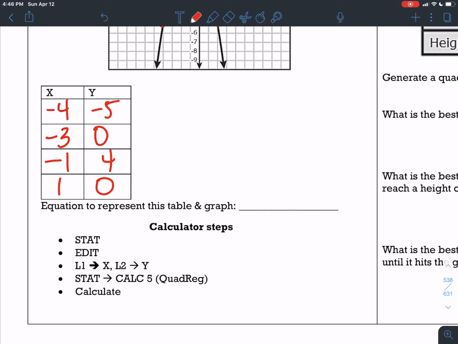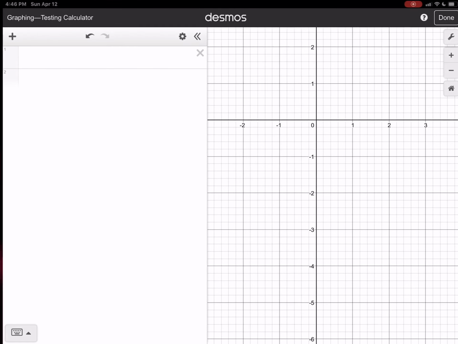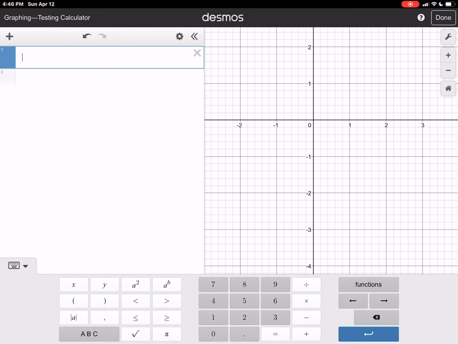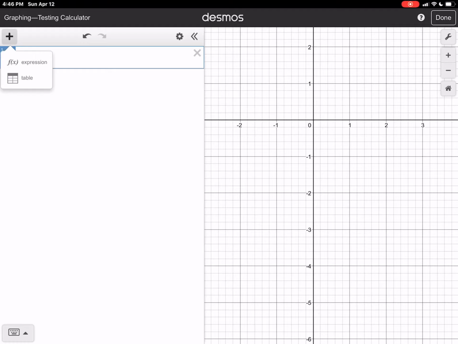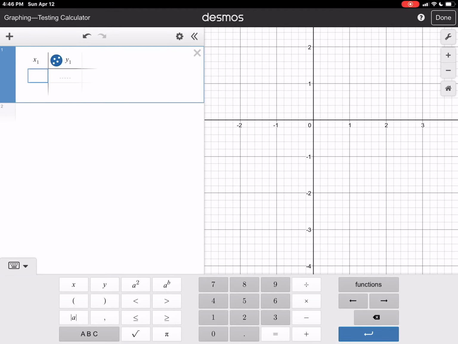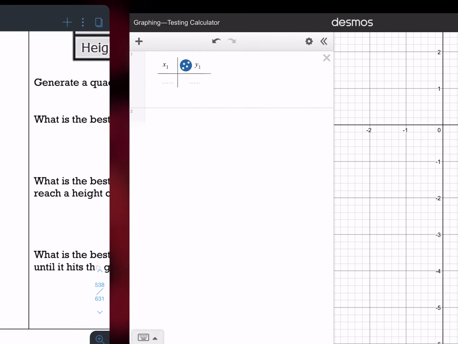So now I'm going to show you how to run a regression using my Desmos calculator. First thing I'm going to do is add a table. I'm going to start typing in my numbers.